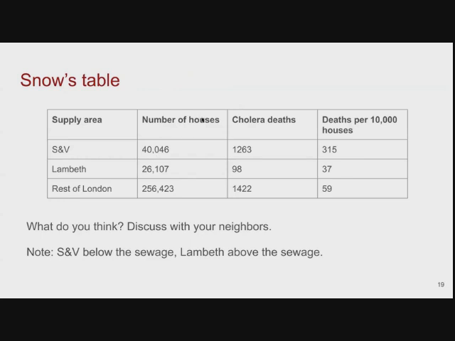The number of houses, in the Beauce area, is 40,000 versus 26,000. The cholera death counts are 1,263 and 98 respectively, but very importantly, when we're doing this kind of comparison, we want to make it on the same scale. So the last column gives you deaths per 10,000 houses. It's 315 for SMB, 37 for Lambeth, and then 59 for the rest of London.